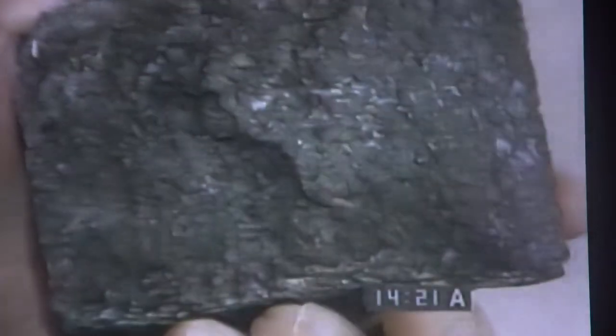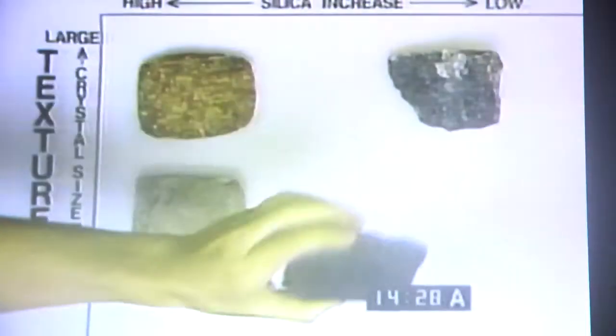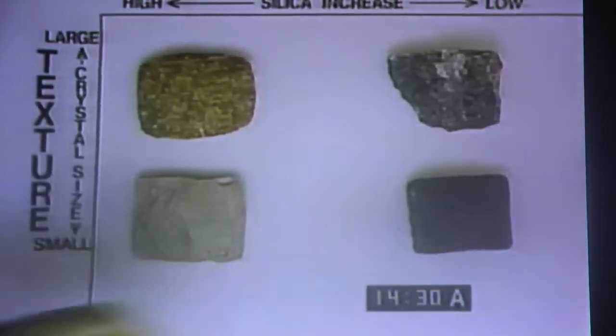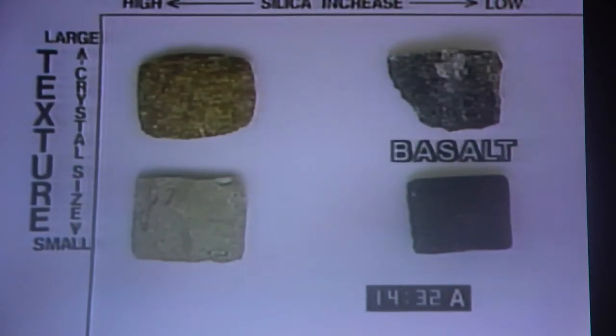A rock with that same low silica composition but microscopic crystals would be called a basalt.